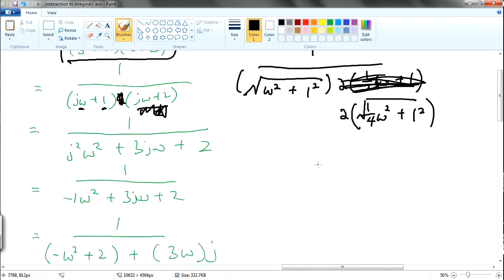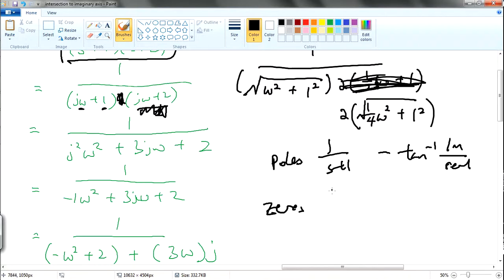And if you want to find the phase angle, I already said if it's poles, 1 over s plus 1, it is negative tangent inverse, and then imaginary over real axis. If it's zeros, it is some s plus 1, and then it is positive tangent inverse, and then imaginary over real.